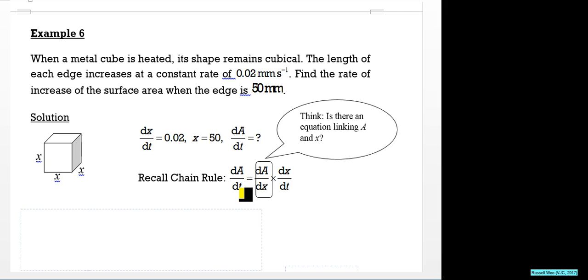So now we recall the chain rule. dA/dt is dA/dx times dx/dt. Yes? So, first thing we need to do then is to what? In order to find dA/dx, I need to find an equation linking A and x, which is not difficult in this case, which is really quite easy.